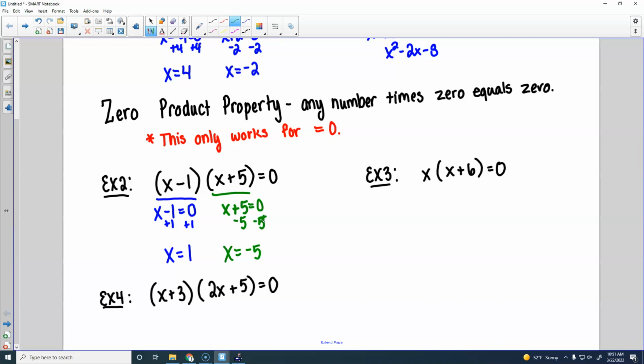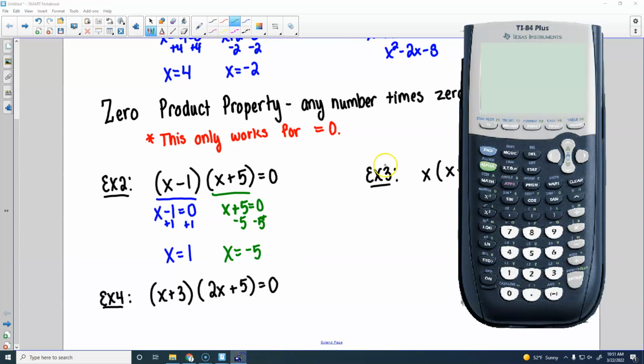If you plug them in, you can use your calculator to double check. If you plug them in, 1 minus 1 times 1 plus 5 is going to be 0, because that's going to be 0 times 6, which is 0.